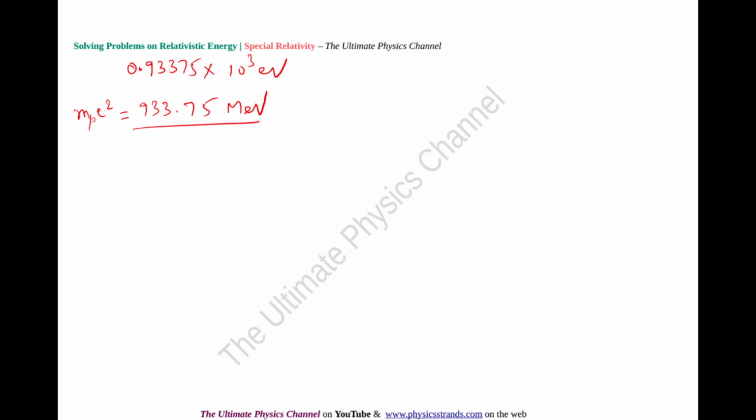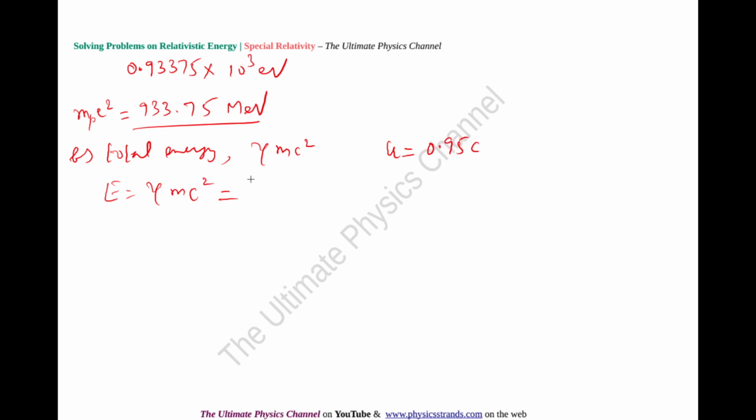The next part is calculation of total energy, which is nothing but gamma mc squared. Therefore, E is equal to gamma mc squared, and here it is 0.95c, because total energy depends on the speed at which the particle is traveling. So we say u is equal to 0.95c as given in the question.